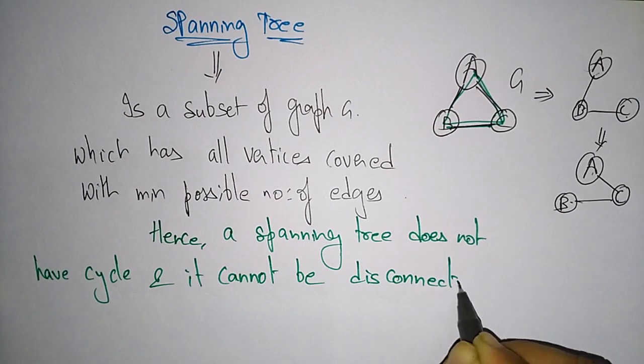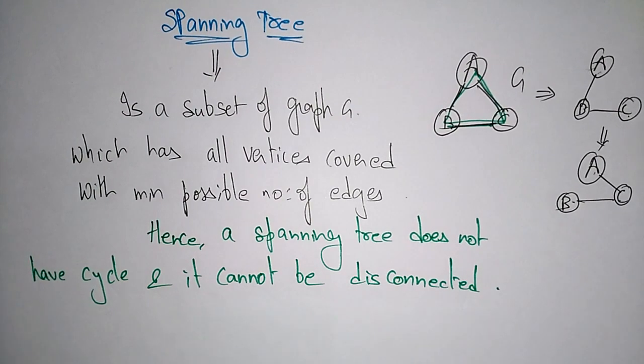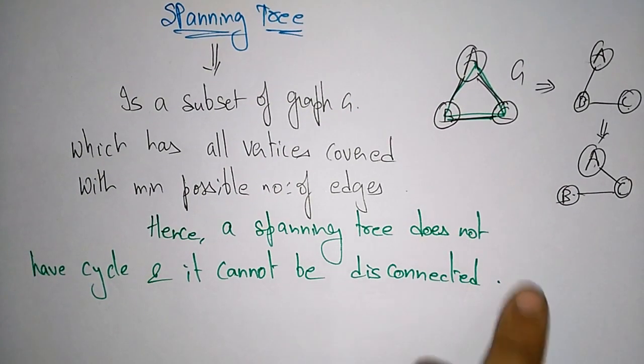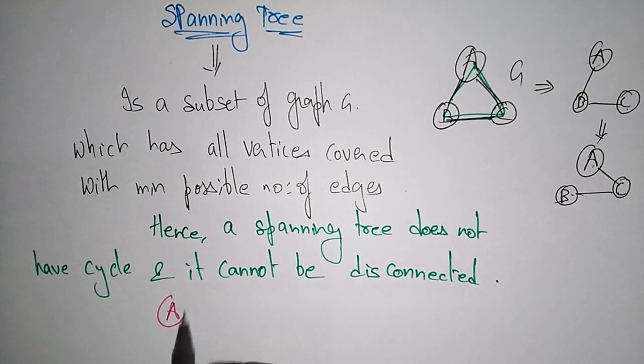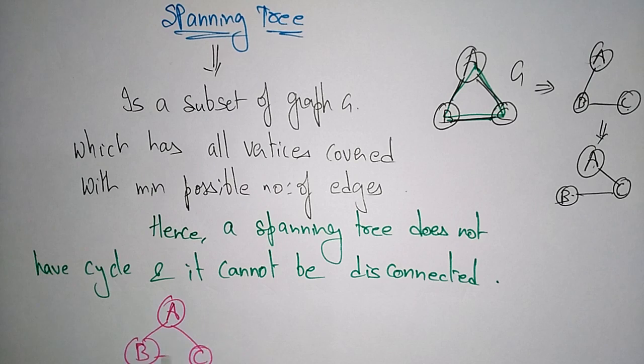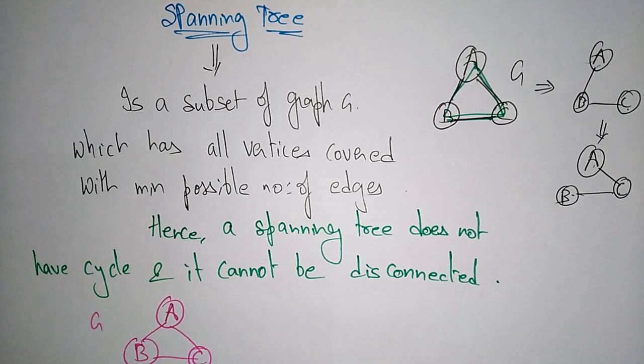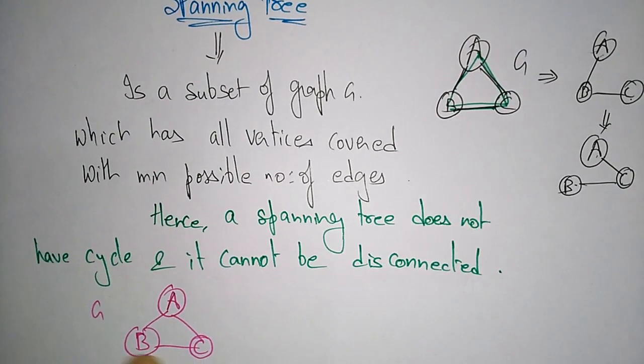So whatever graph you have taken here, this is A, B, C. So these are all connected vertices with edges. So this is a graph G.